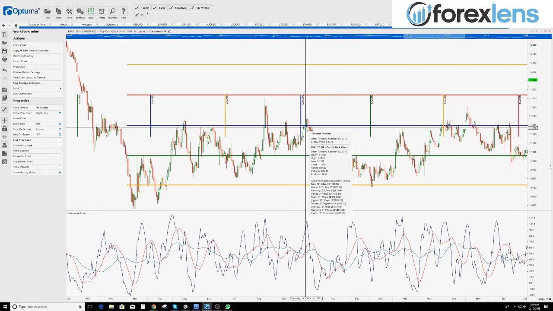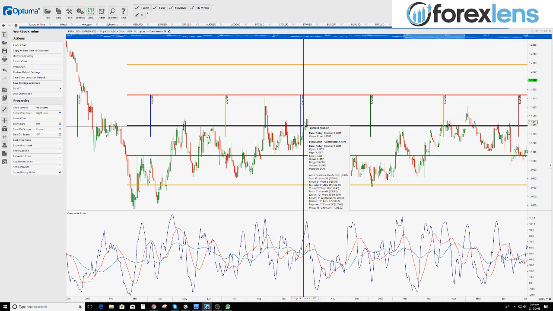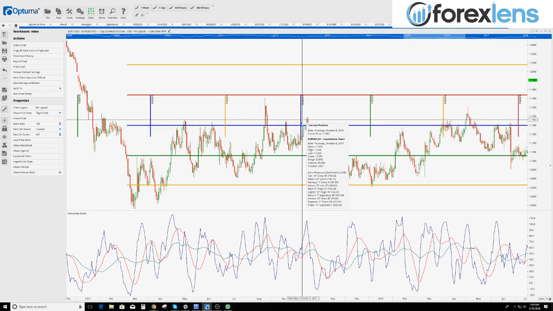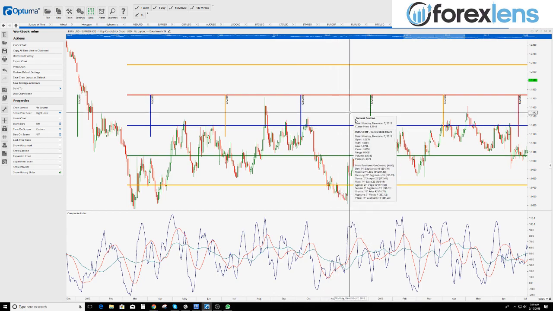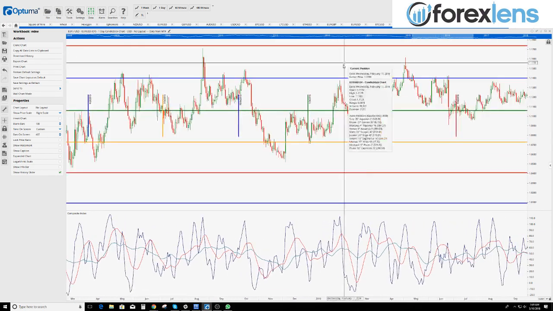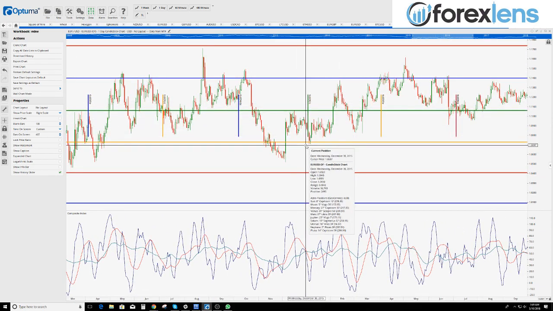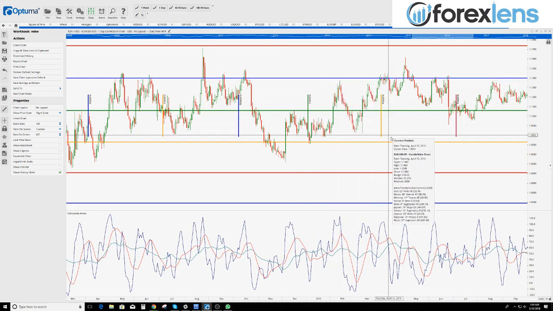About a week after this activity, this square of price and time, we saw a rejection lower. All right, there was a square of price and time here, and prices increased.